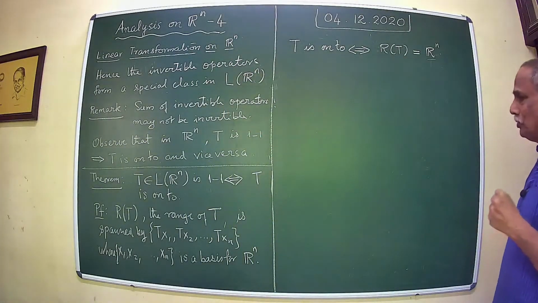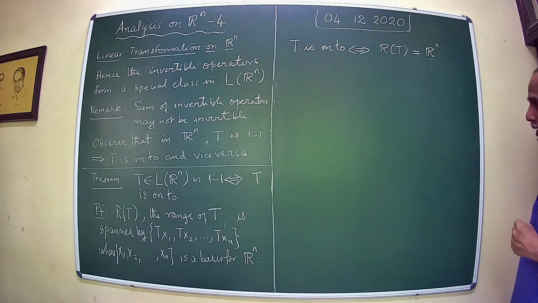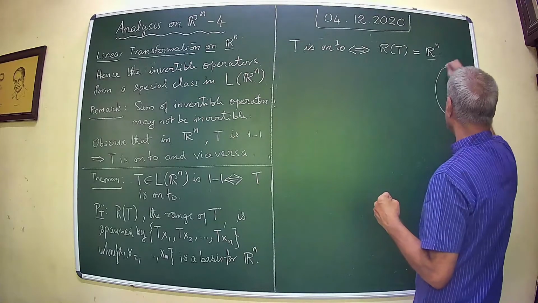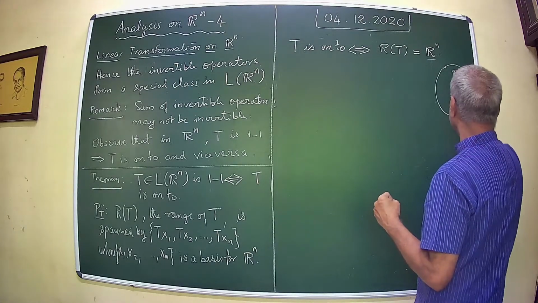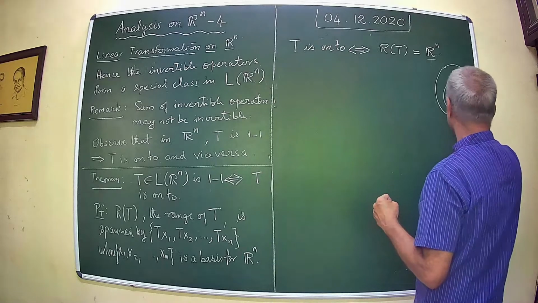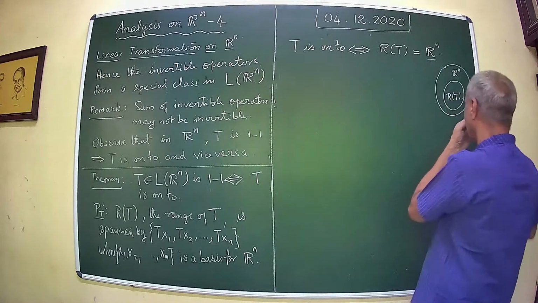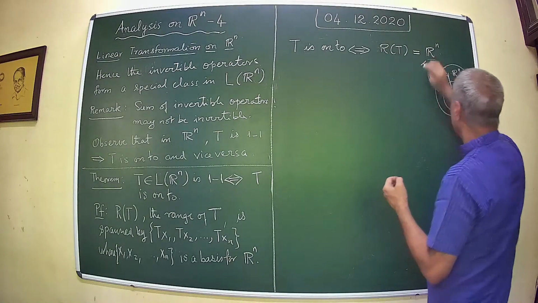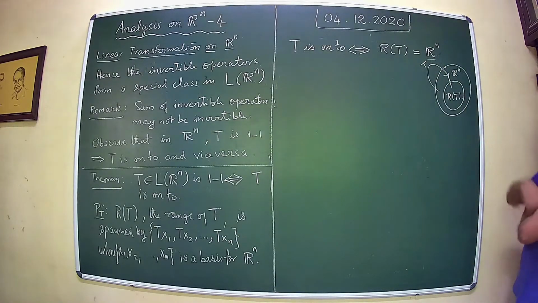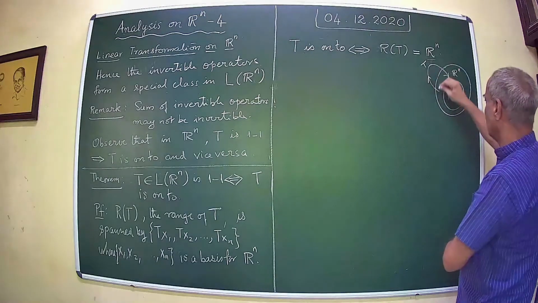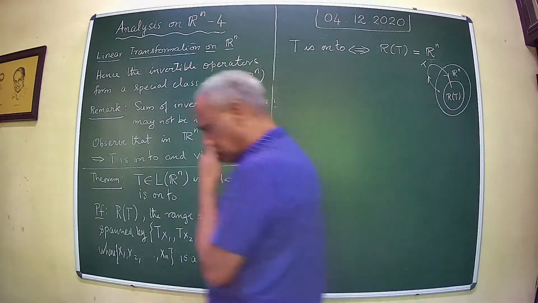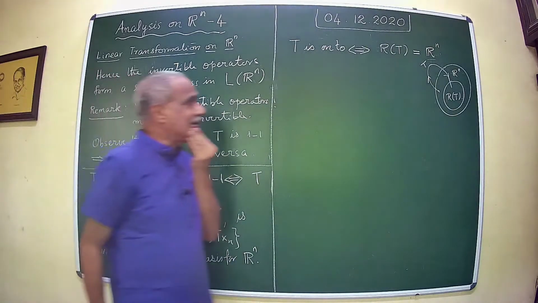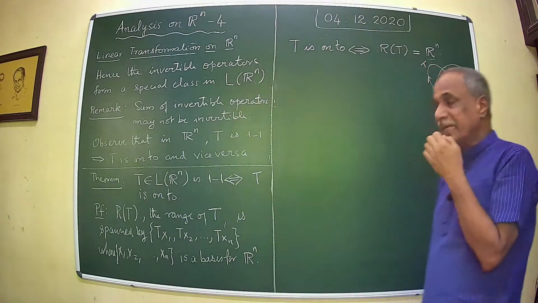See, so to prove that R(T) is equal to Rn, see, this is Rn, in general this is R(T). T is a map from Rn to Rn.